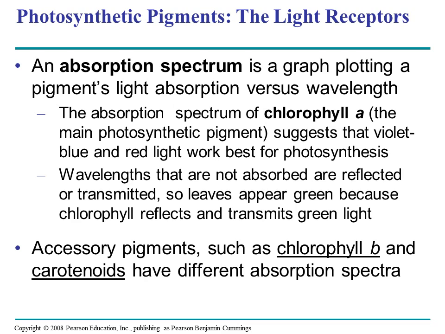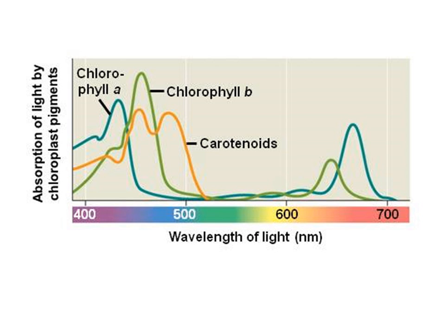An absorption spectrum is just a graph that shows how a pigment absorbs light in different parts of the visible spectrum. So basically, at different wavelengths, how much light is absorbed. So here we can see the absorption spectrums of chlorophyll A, chlorophyll B, and the carotenoids. I want you to really focus on chlorophyll A, which is that kind of bluish green line.